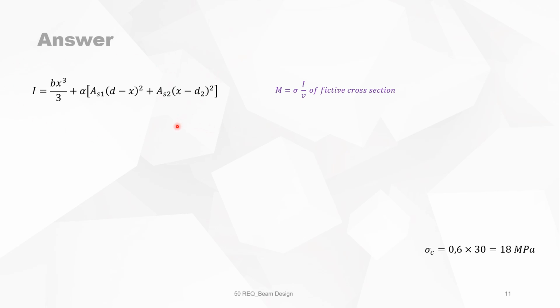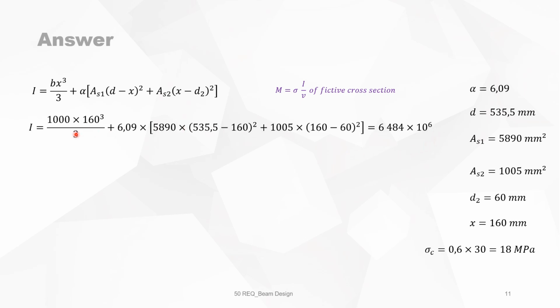So this is the surface moment of inertia. Then we have the different values of the parameters. We can substitute all those parameters and find the surface moment of inertia.